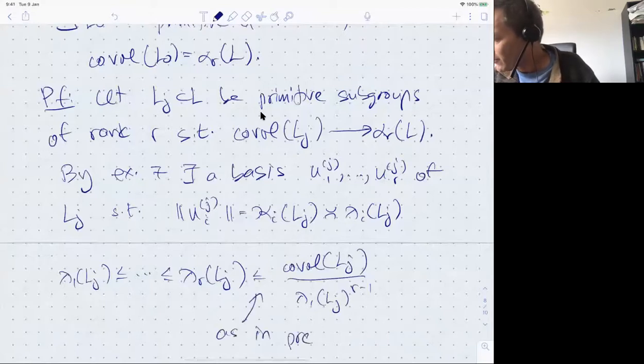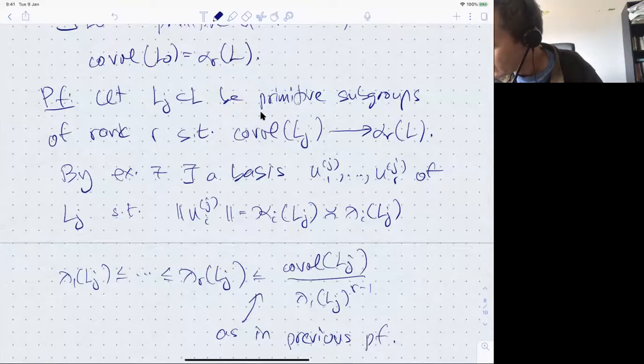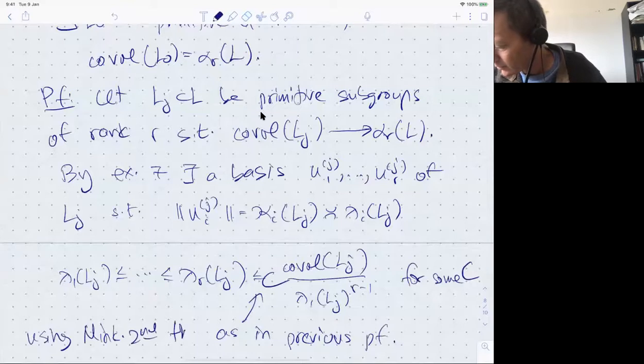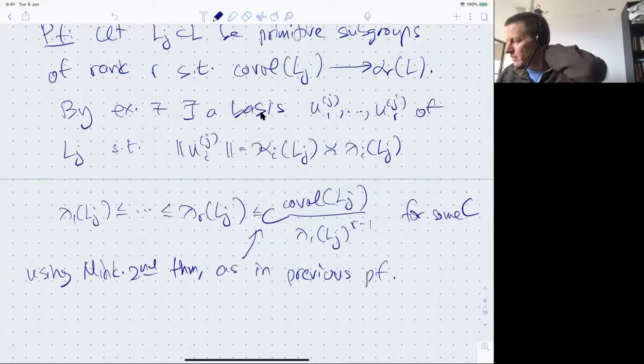So as in the previous proof, we can bound this, there should be a constant here for some C. And this uses Minkowski's second theorem. Okay, we get these bounds.